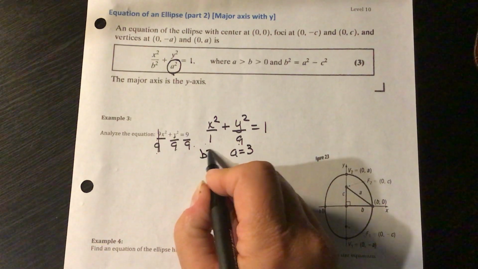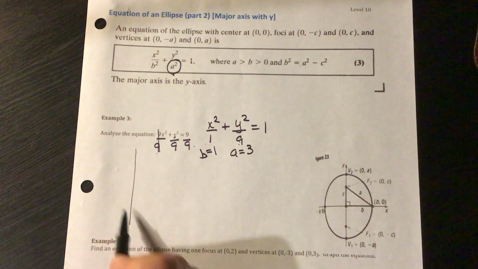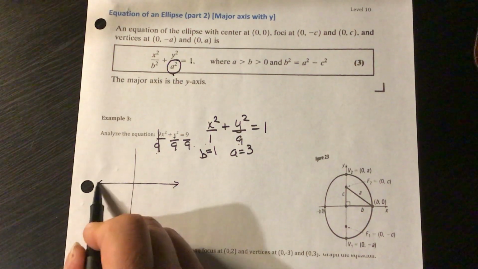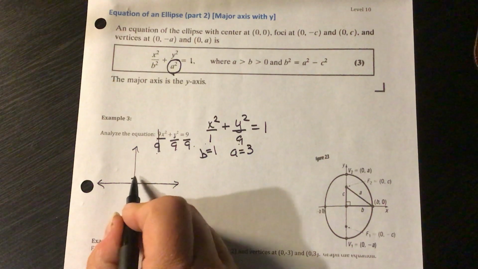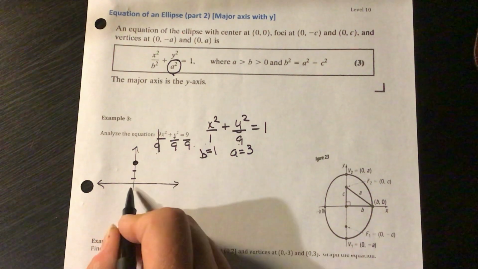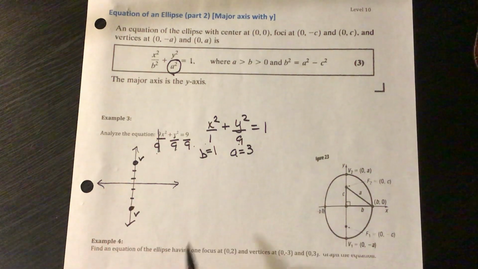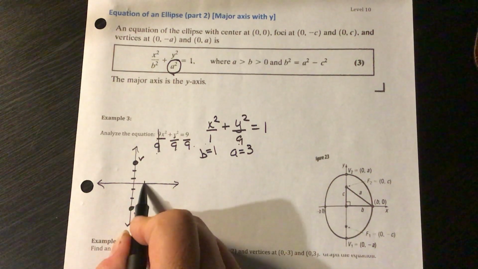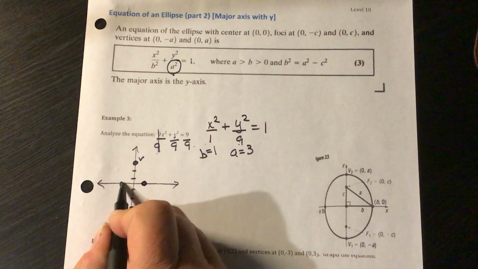My b value, on my short axis, is 1. If I do a little graph, a on the long axis is 3 units: 1, 2, 3. So here's a vertex and the other vertex. And on the short axis, on the x-axis, is 1.